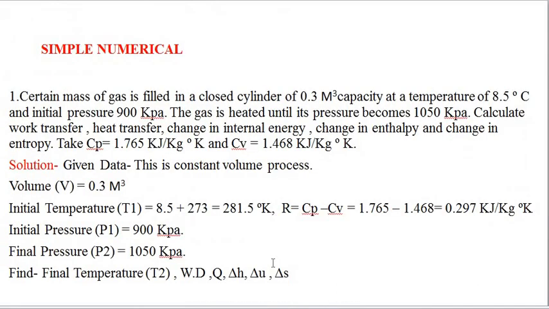Now we are writing these pressure values in kilopascal. Now what is a kilopascal? Kilopascal is nothing but kilonewton per meter square. So we have to write the pressure values in kilonewton per meter square.